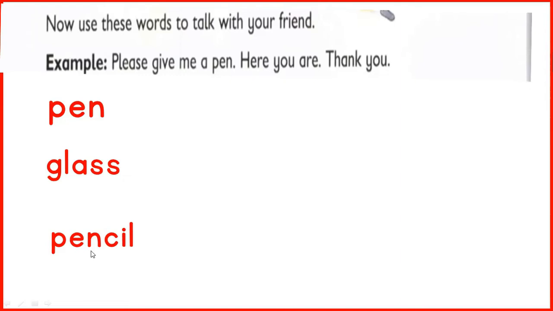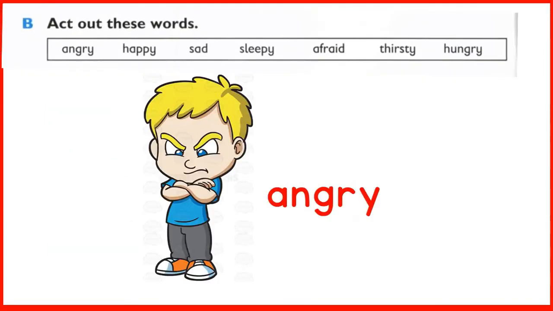Then if I give you a pencil, I say, here you are. Then you reply, thank you. This is a great manner. In reply, you say thank you. Clear? Now comes the next one.